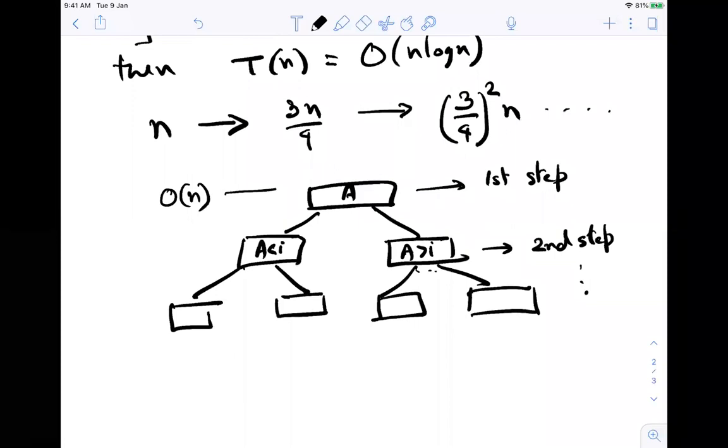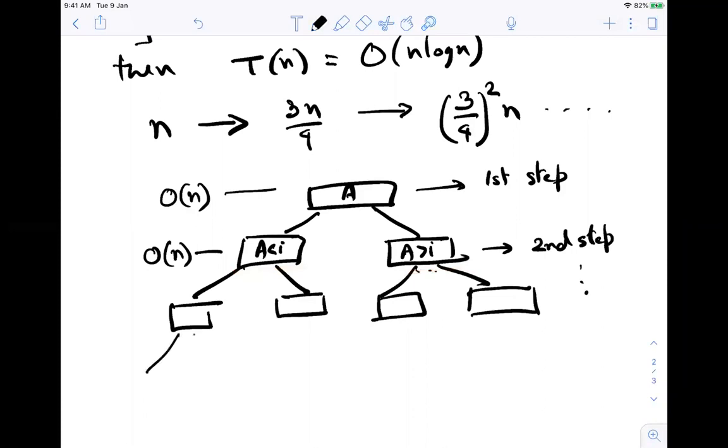Forget the minus one part. But every layer, the total amount of time required to split this one into two parts plus splitting this one into two parts, is order n, right? Because this will be order k and this is order n minus k. So the total is order n.